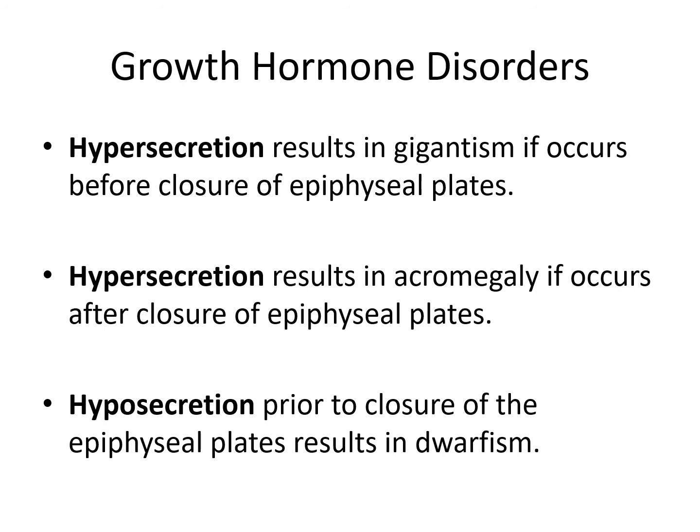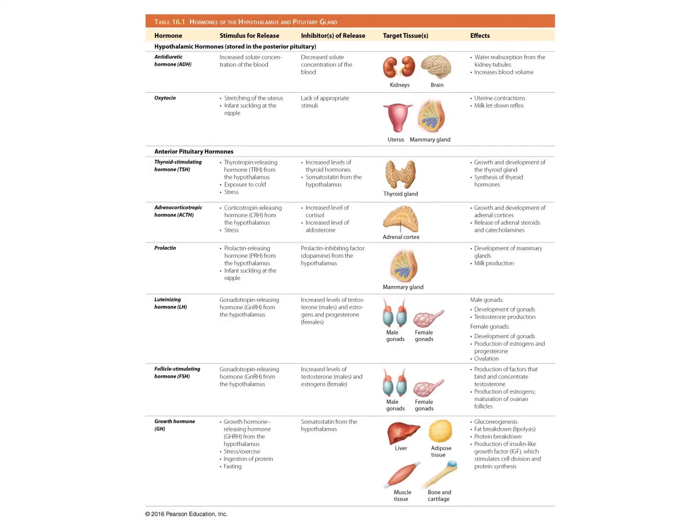Hypersecretion after closure of the epiphyseal plates results in a disorder called acromegaly, where the bones get wider, and hyposecretion prior to closure of the epiphyseal plates results in dwarfism. So growth hormone can have extreme effects. Now look at the hypothalamic hormones; here's a table summarizing all the hypothalamic hormones that we discussed.